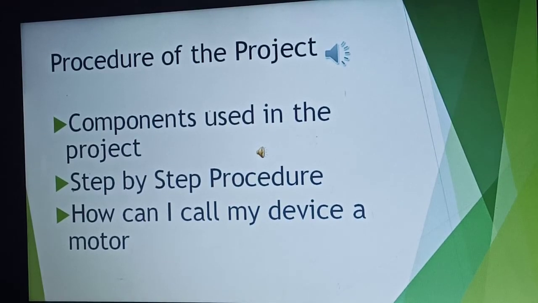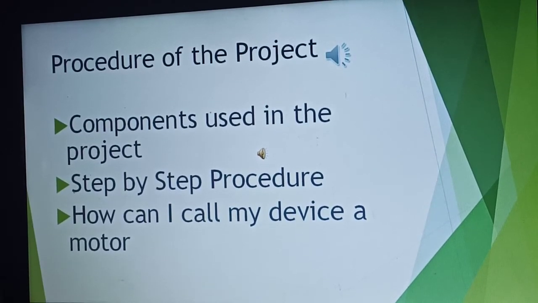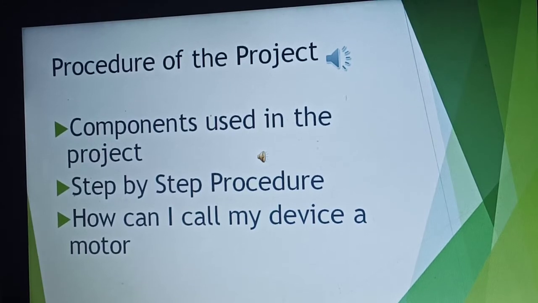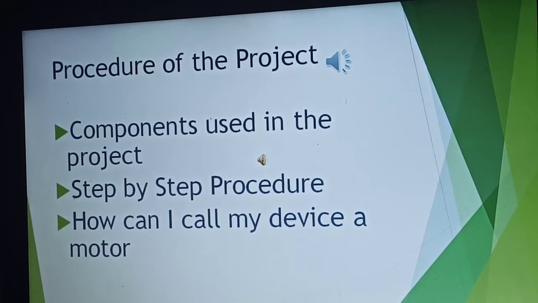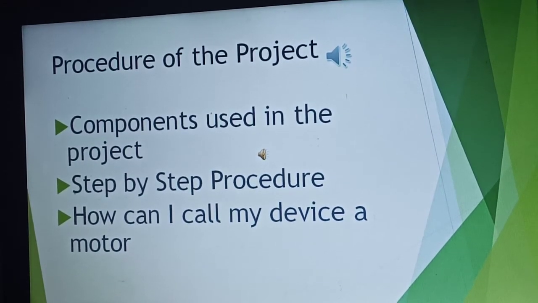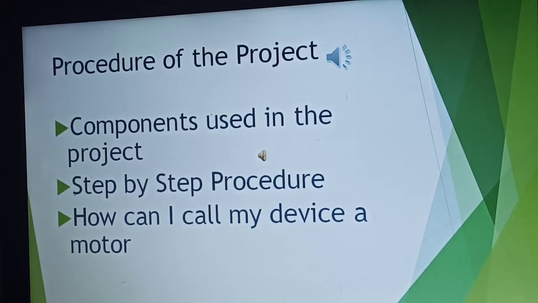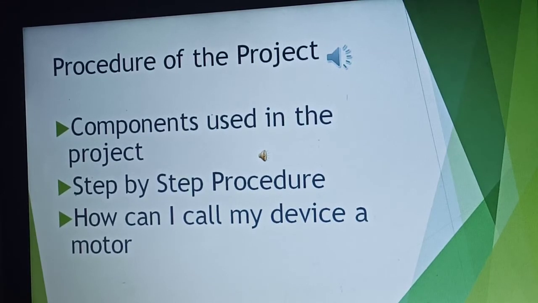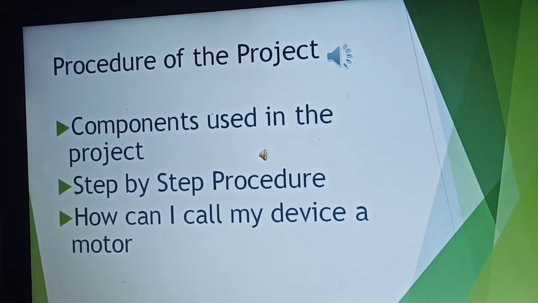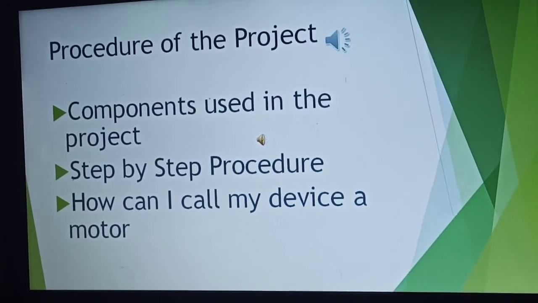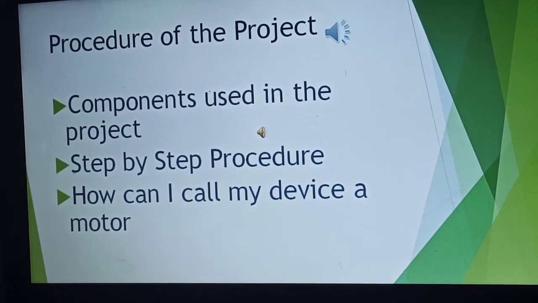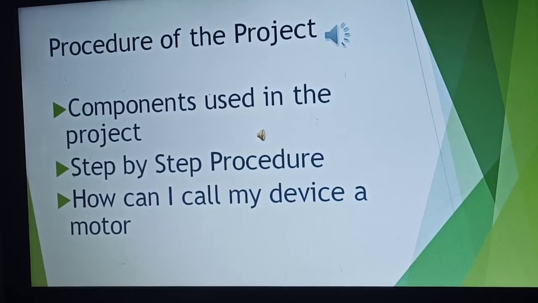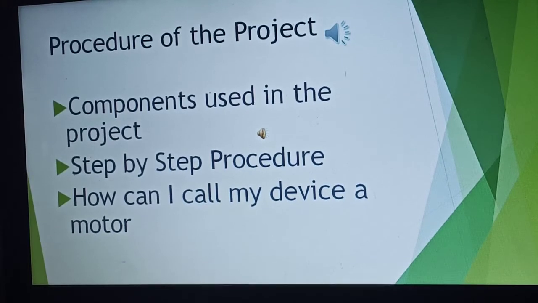After removing that, I have to fix this wire, which will act as the armature, on a magnet. After doing that, I have to provide it some electricity. For the conductor, we can use a pair of safety pins as well.